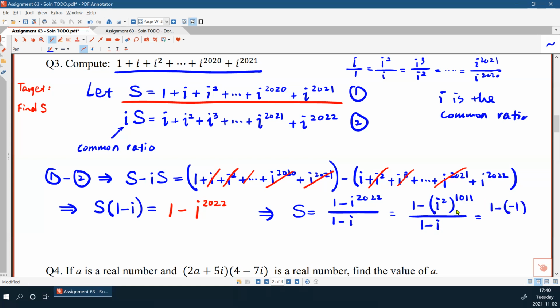So the numerator is 1 minus (minus 1) to the power of 1011, over 1 minus i. Minus 1 to an odd power is minus 1, so we get 1 plus 1 over 1 minus i.